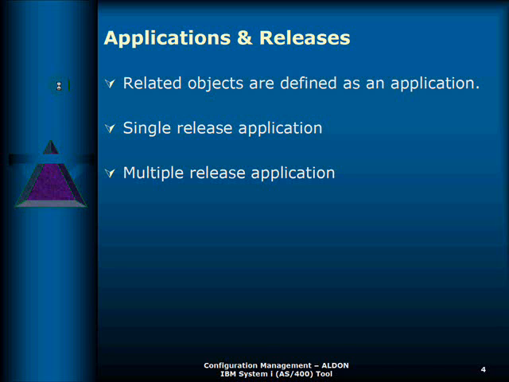Then what are releases? An application can in turn have a single or multiple releases. If there is a single release for an application, production objects are replaced as soon as new copies are fully tested.